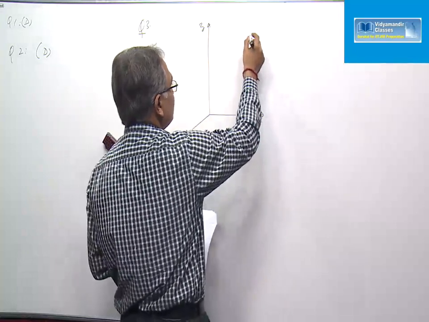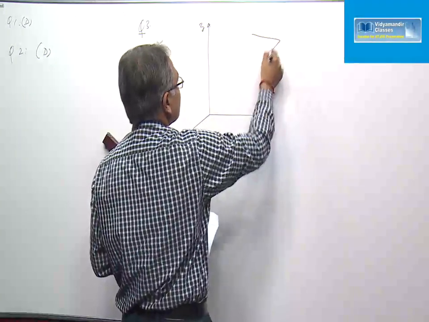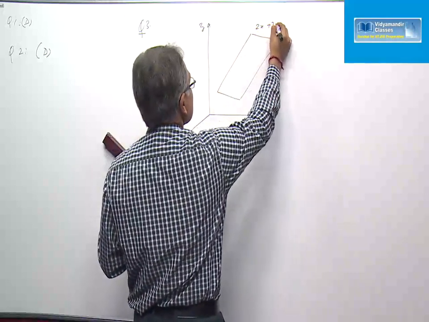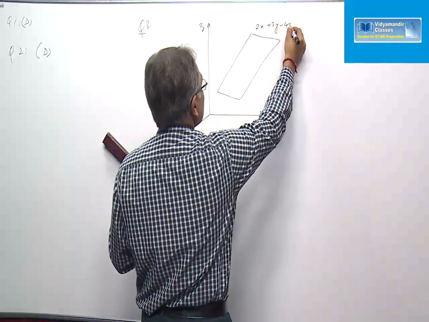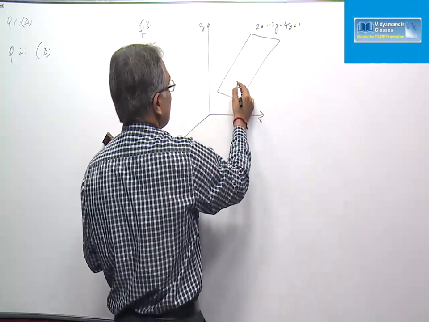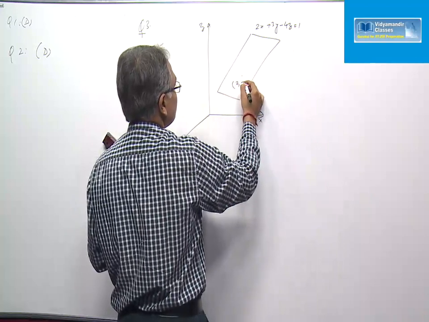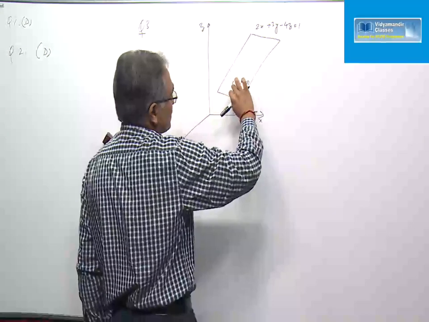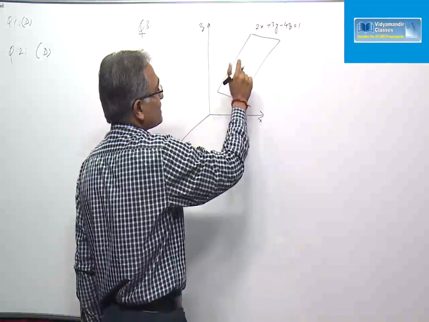That is, there is a plane 2x plus 3y minus 4z equals 1 and there is a point on it (2, -1, 0). And we need to find the equation of the line passing through this point having the greatest slope.